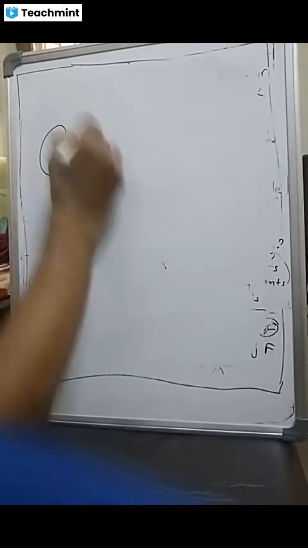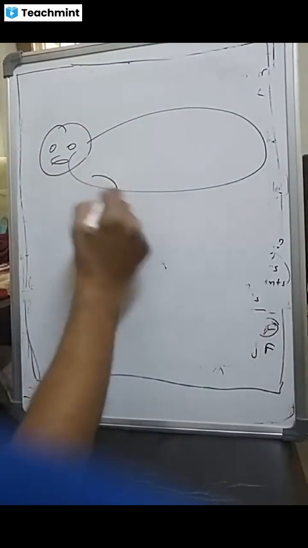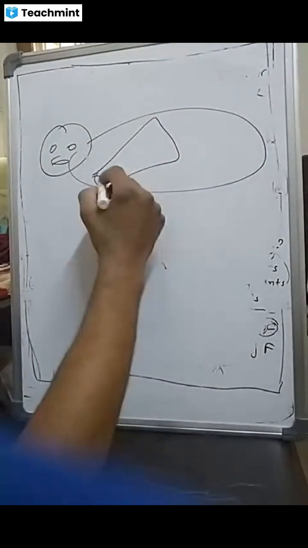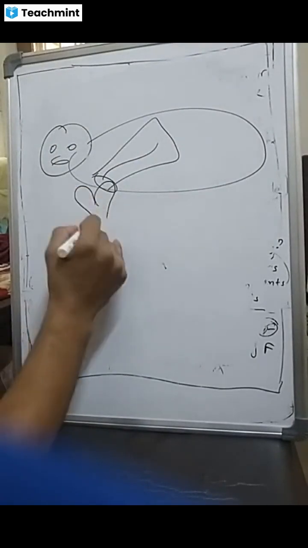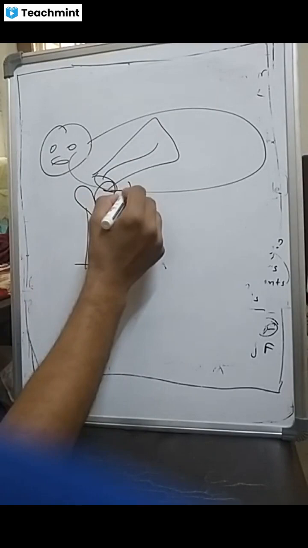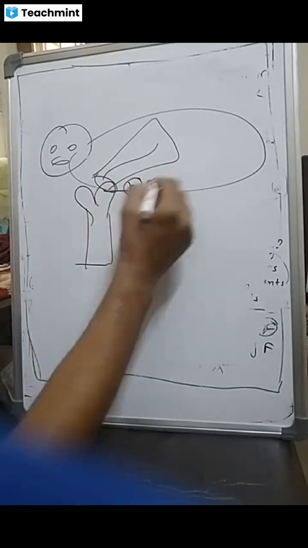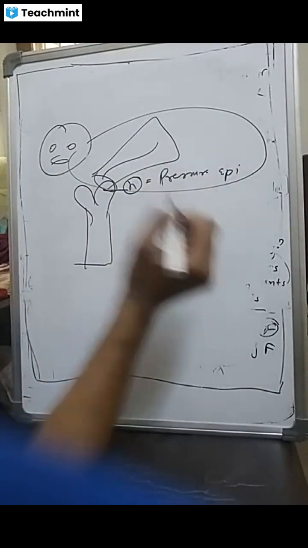One diagram. Just see the scapula and humerus. This is pressure epiphysis.